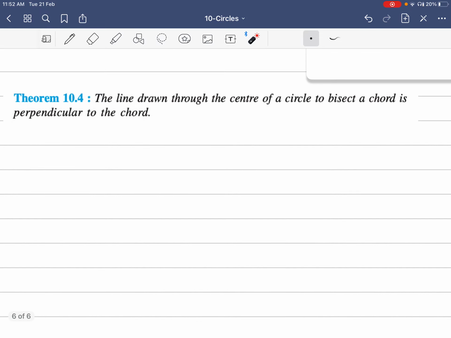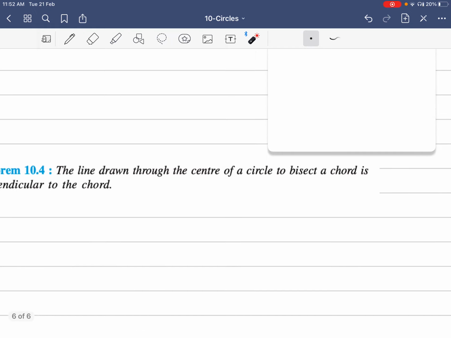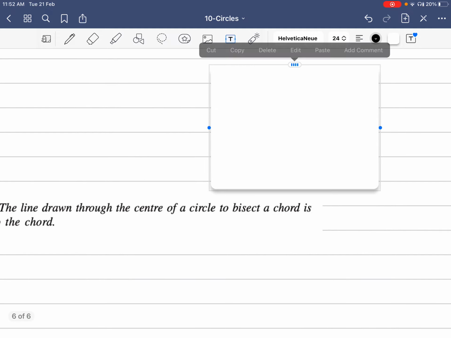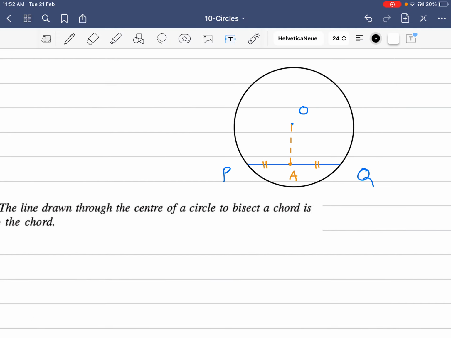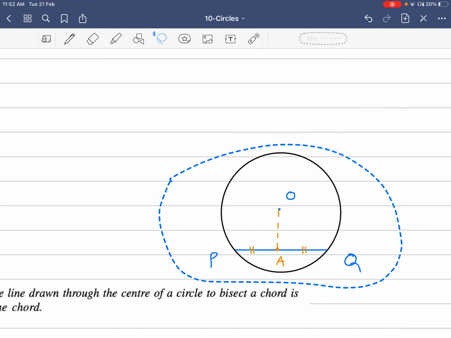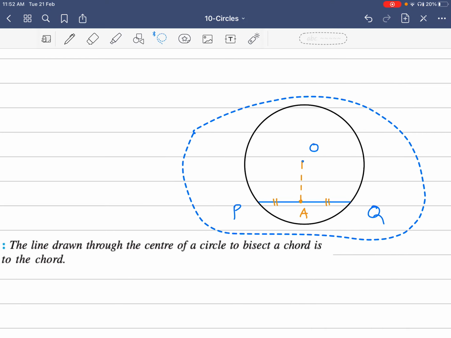The converse reads that the line drawn through the center of a circle to bisect a chord is perpendicular to the chord. So once again, this was the figure that we are going to refer to. Let me take it down.